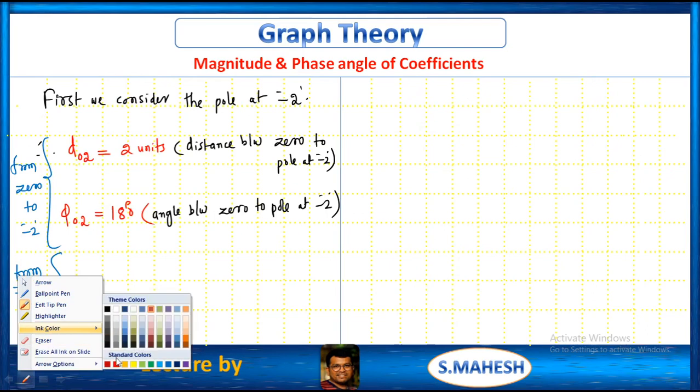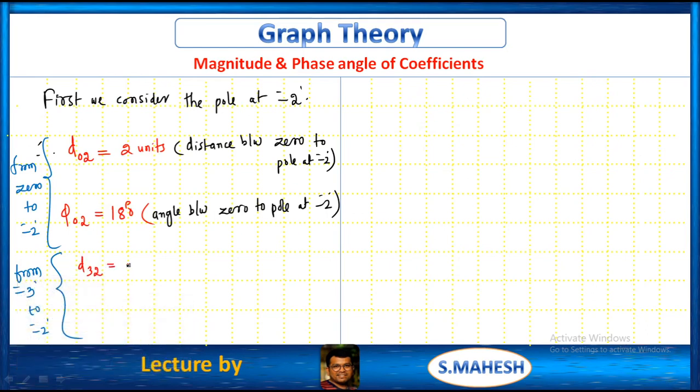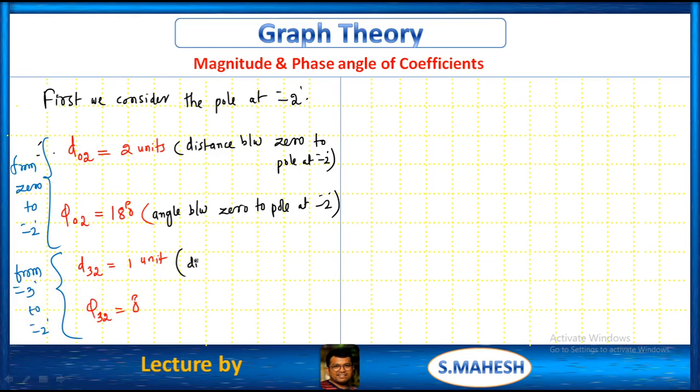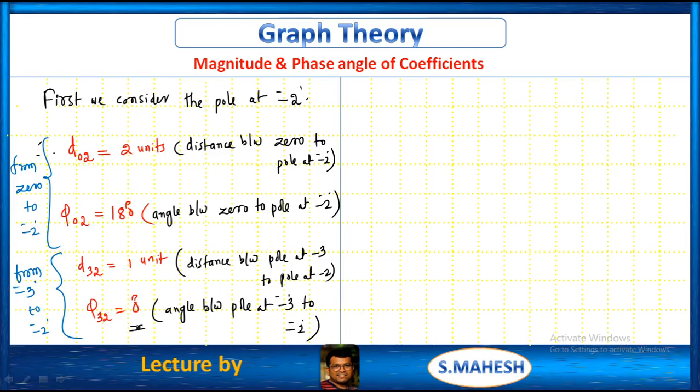So D32 is 1 unit and phi 32 is 0 degrees, where D32 is the distance between the pole at minus 3 and the pole at minus 2, and phi 32 is the angle between them. We get 0 degrees because it acts opposite to phi 02, which is 180 degrees. Minus 180 plus 180 is 0 degrees.